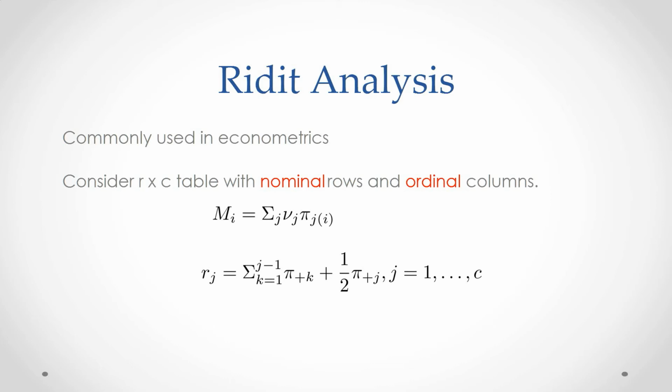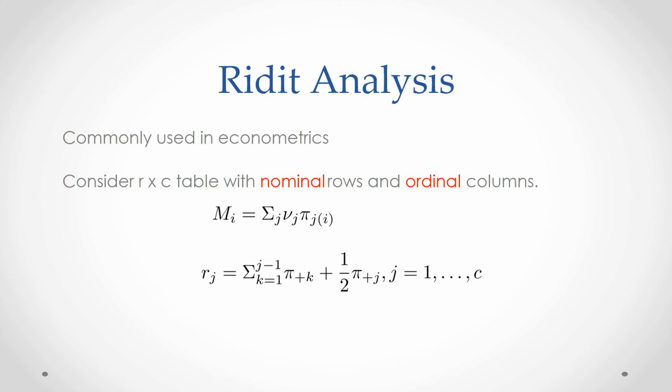We can then find the mean response in each row given by m_i equal to summation over j mu j pi j|i, where pi j|i denotes the conditional probability distributions for the j categories of the ordinal variable given that i is fixed at i.